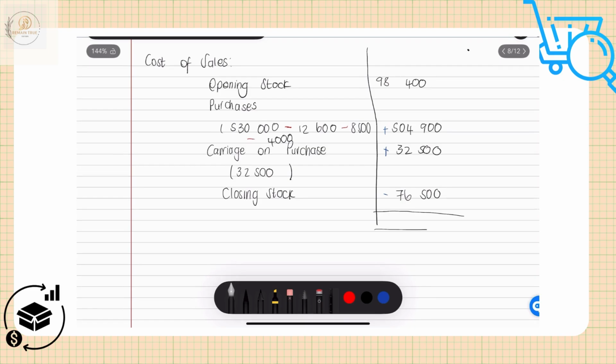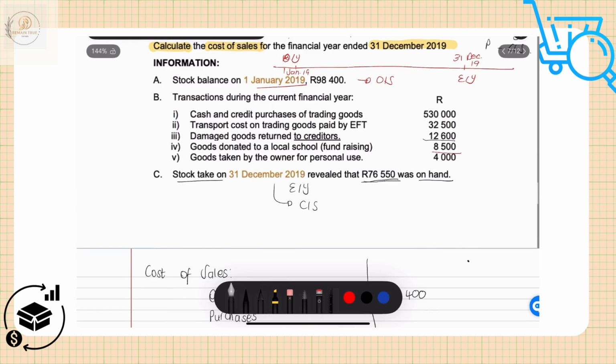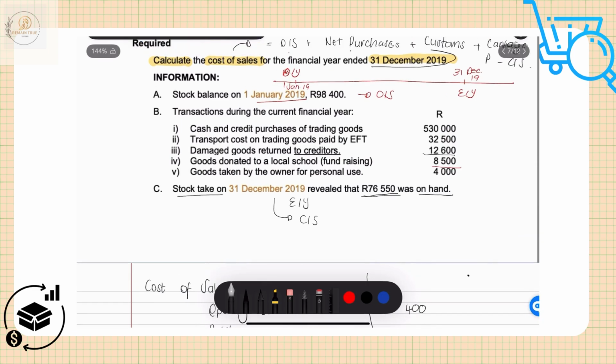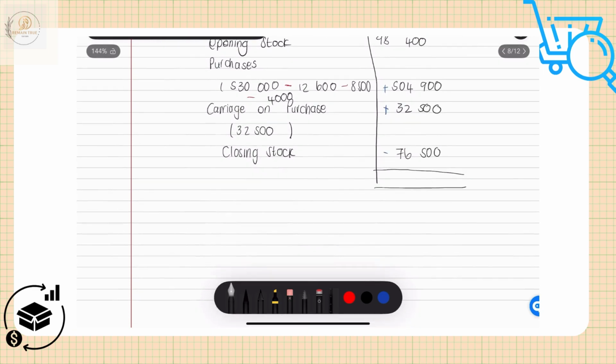Okay, so at this point in time, again, periodic, at what point in time? At this point in time, inventory is worth how much?